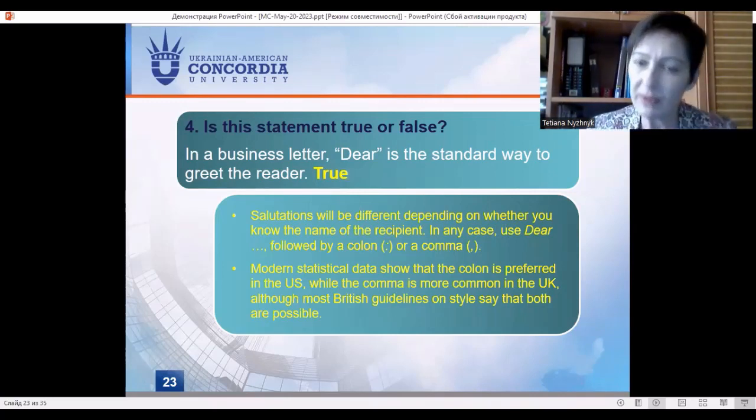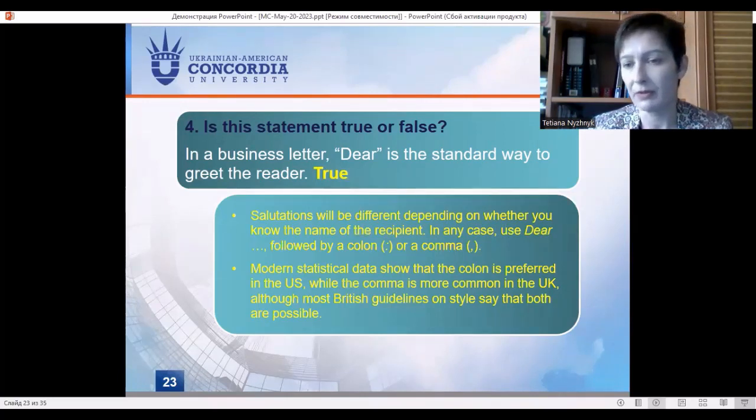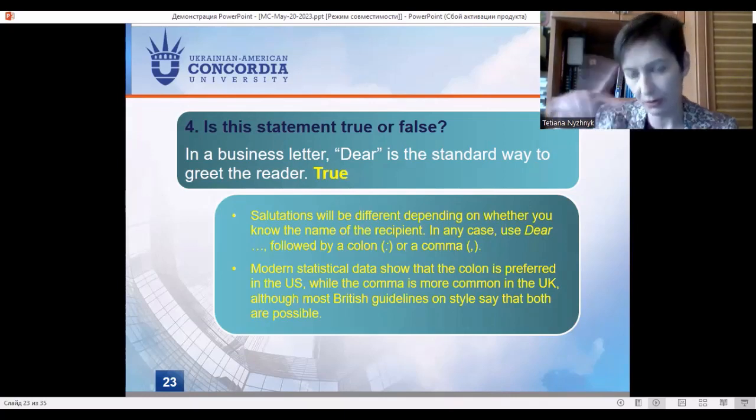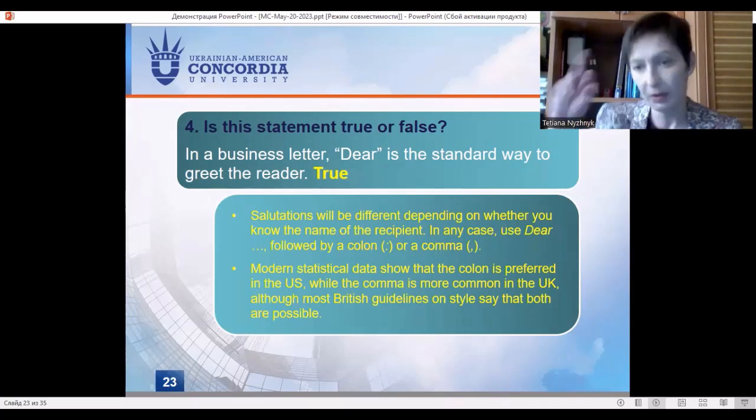There will be alternatives, of course. For example, if the style of your letter is not formal or semi-formal, you can start your letter with hi. Now, concerning the punctuation which you use after dear, in British English, you can put a comma or you can put a colon.